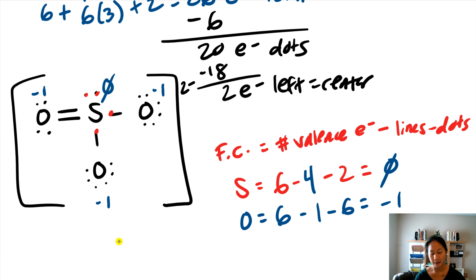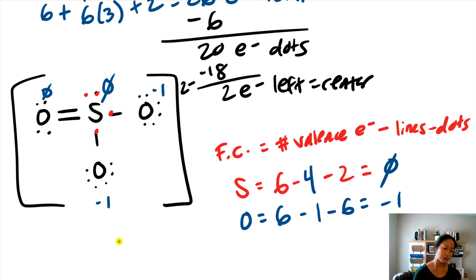The oxygen that we just incorporated into a double bond, that oxygen also has a formal charge of 0 now. You're going to find that oxygen is usually involved in 2 bonds, whether that is 1 double bond or 2 single bonds. That is the preferred way oxygen is going to bond, because that is what gives oxygen the 0 formal charge.